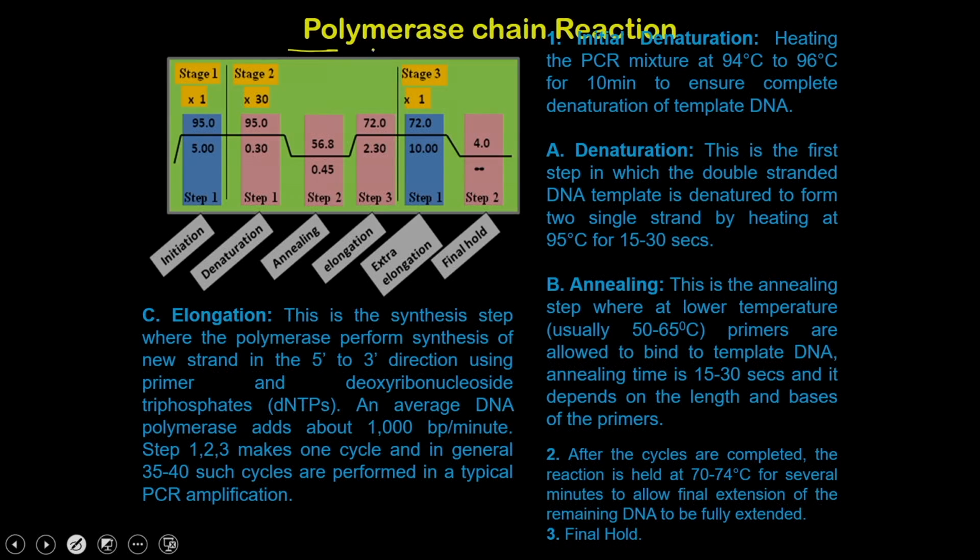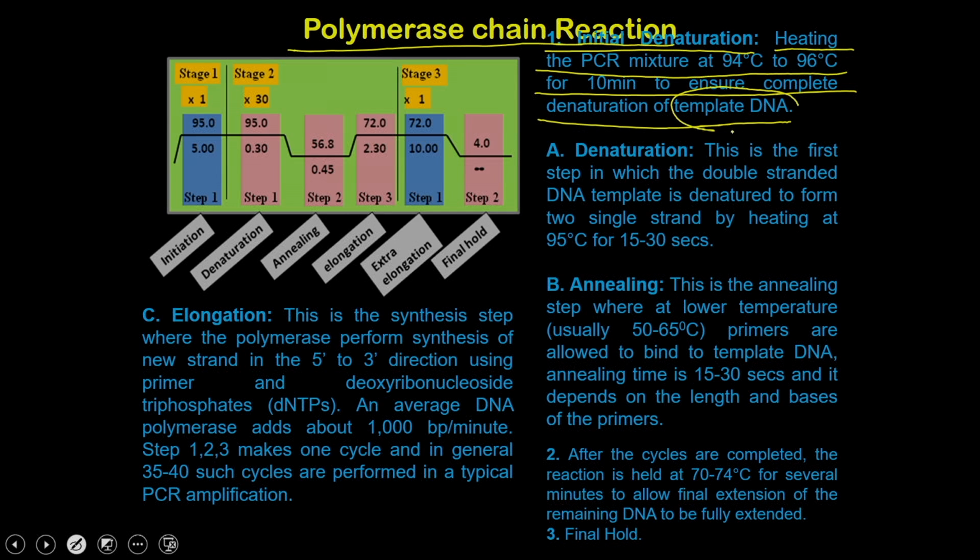The polymerase chain reaction requires 4 events. If you set up the polymerase chain reaction, you require the initial denaturation, which means you have to heat the PCR mixture at 94 to 96 degrees for 5 to 10 minutes to completely denature the template DNA.